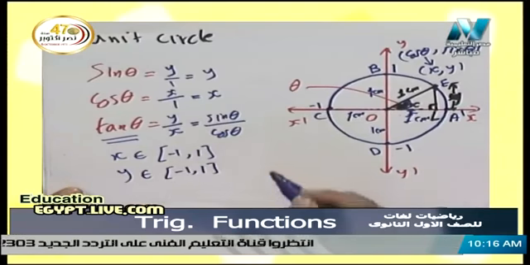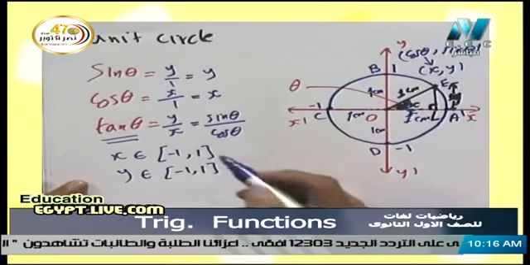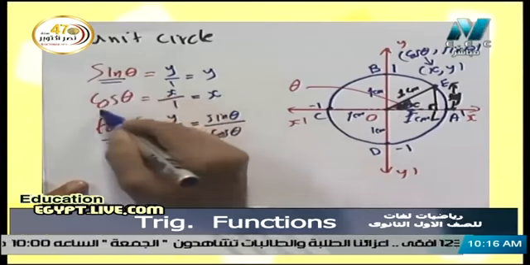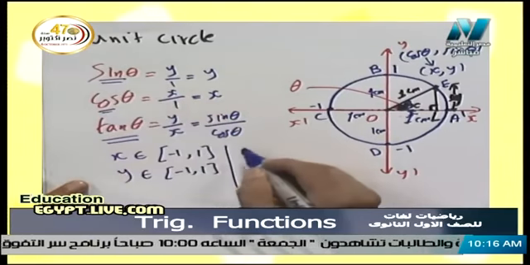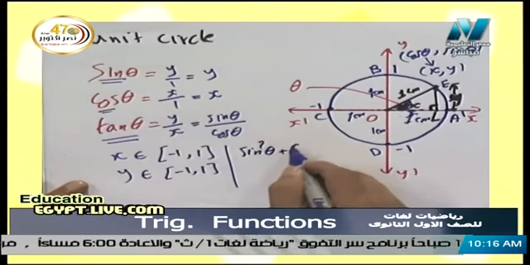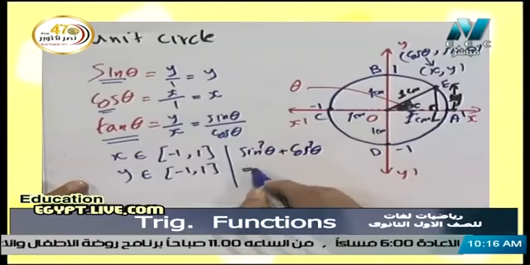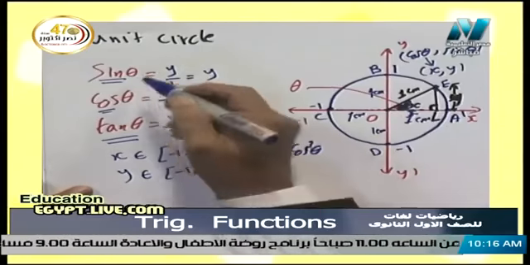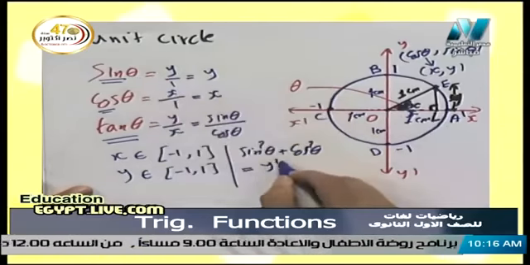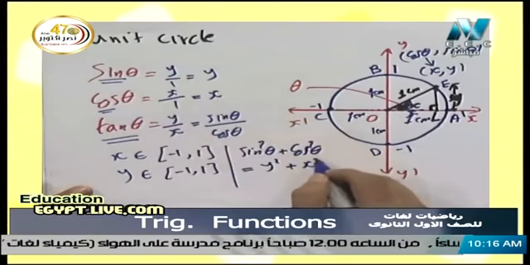Okay, and we will deduce, if we find sine squared theta plus cosine squared theta: sine squared theta equals y squared, and cosine squared theta equals x squared.